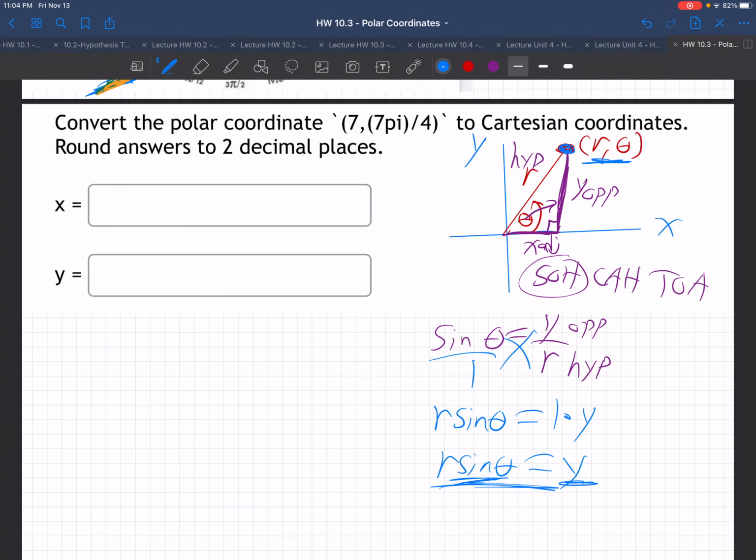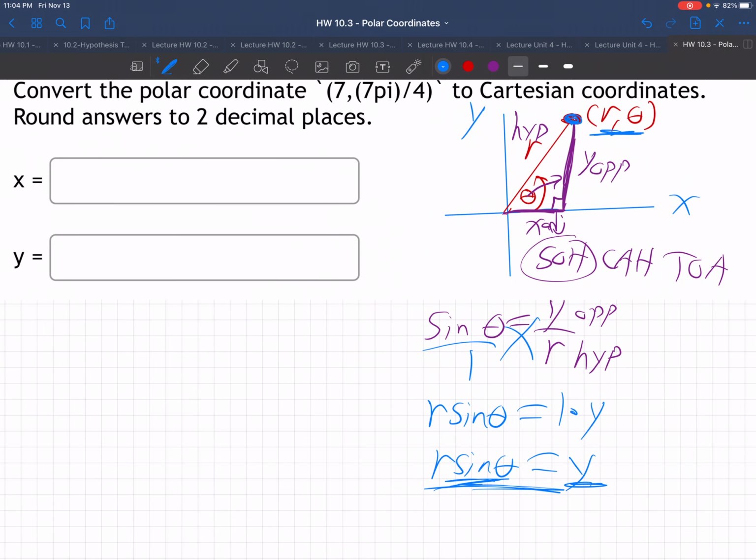Likewise, your x coordinate. If we take the cosine of theta, this angle theta, that'd be adjacent over hypotenuse. It would be x over r. And again, if you put 1 underneath and cross multiply, you'll get r cos theta is 1 times x.